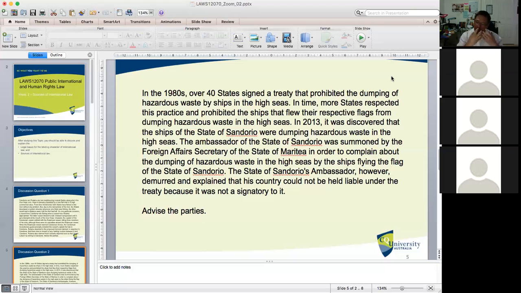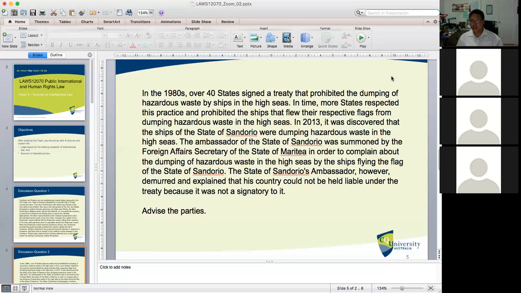So if you've incorrectly identified the legal issue, you will end up with a statement of the rules or the law, which does not come up with a proper answer or does not address the legal issue. In which case here, had we focused on the treaty, we would have come up with the wrong answer.